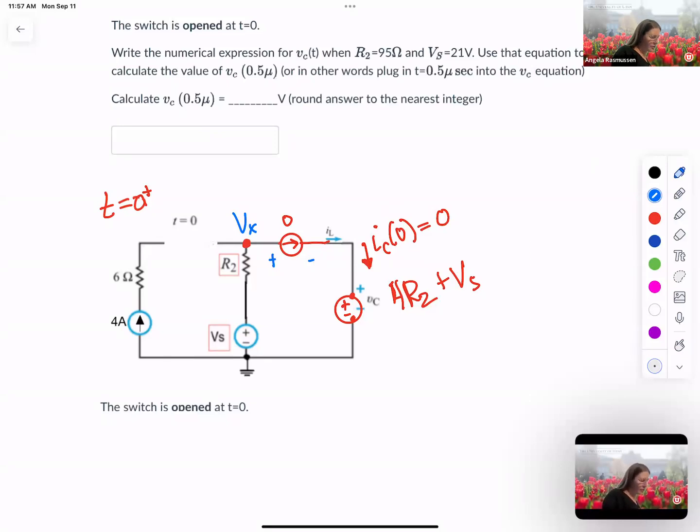So this voltage source adds voltage here and here. So you have, call it V2. So VS and V2 add up to give you the value for VX. You have no current though going through the current source branch. So IC0 will be 0.